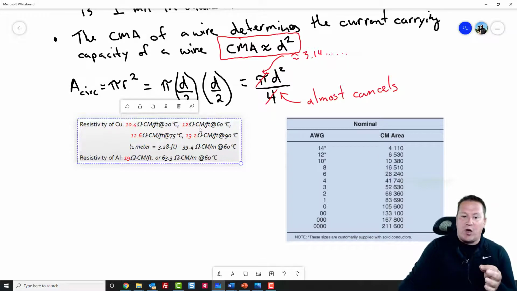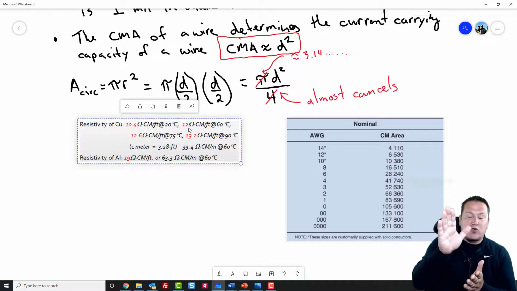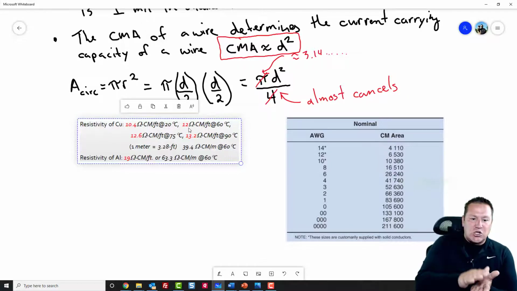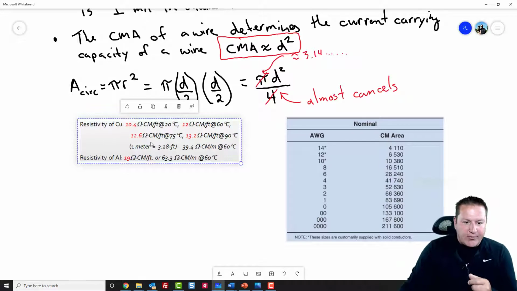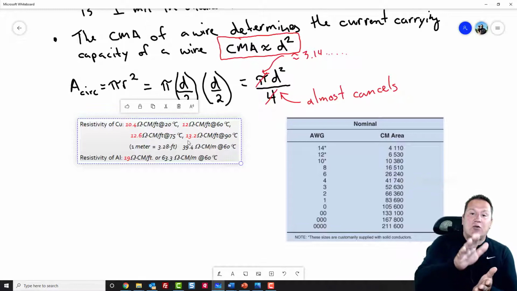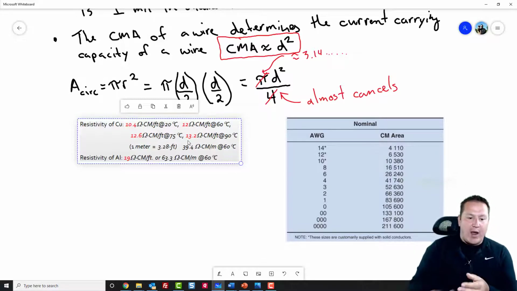So it's 12 ohms at 60 degrees C. So you can see as the temperature increases, so does the resistivity of that conductor. So you have a direct correlation there, right? At 75 degrees C, it increases a little bit more. And as we get into higher temperatures, it's just going to keep increasing in that way, okay?